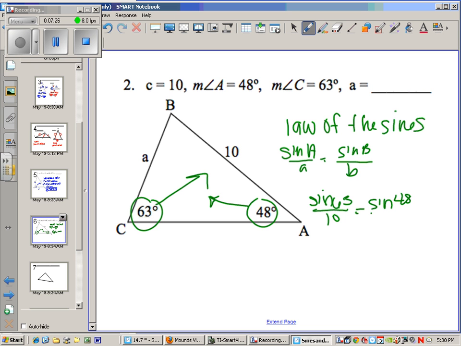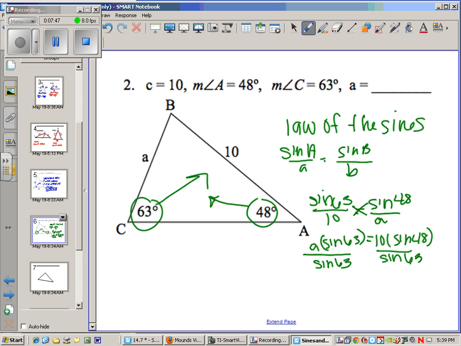So if we're going to solve this, we do sine of 63 over 10 is equal to sine of 48 over A. We're going to cross multiply to solve, so we get A times the sine of 63 is equal to 10 times the sine of 48. Now I'm solving for A, so I'm going to divide by the sine of 63.